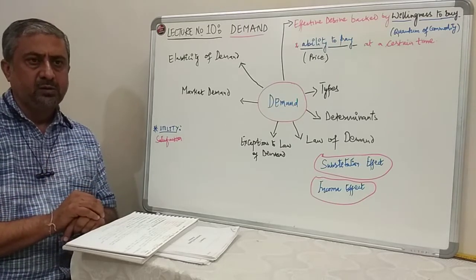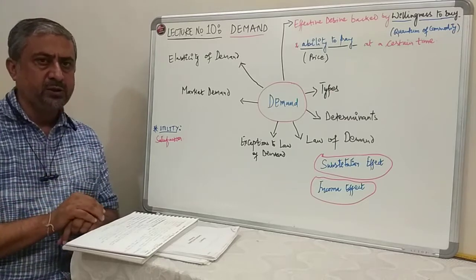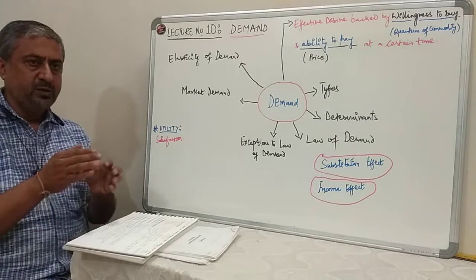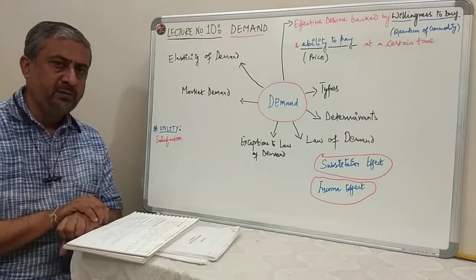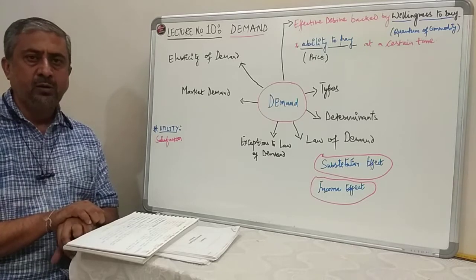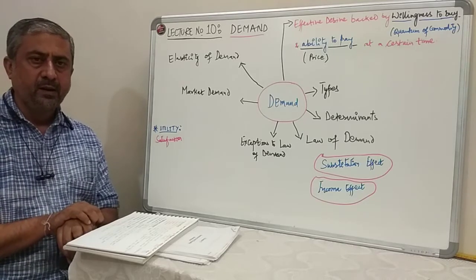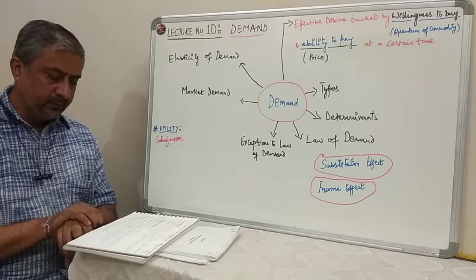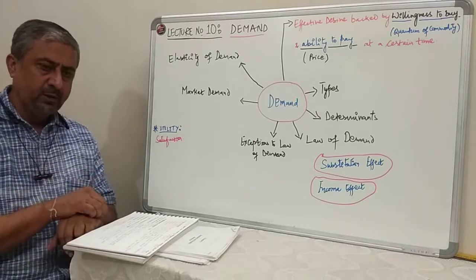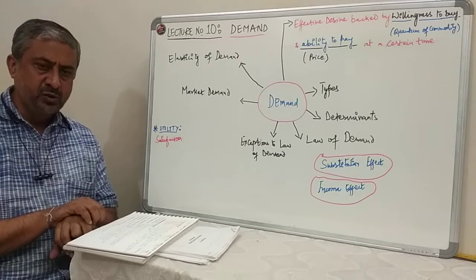Size, the total number of population. Distribution, how is the population distributed? Male, female, young, adults, middle-aged, working, non-working, right? And composition. Do we have large number of population which is consuming?